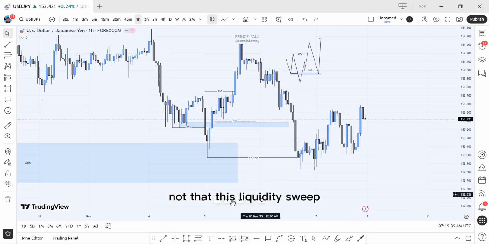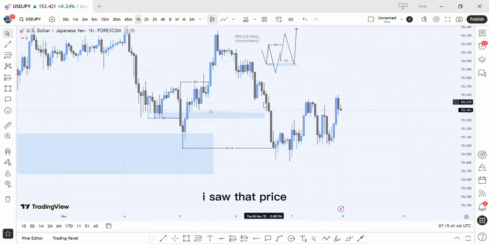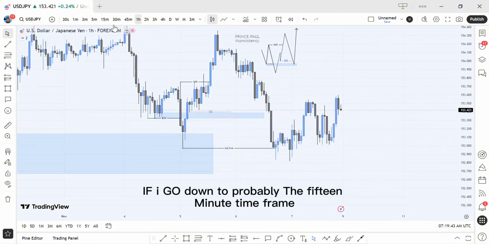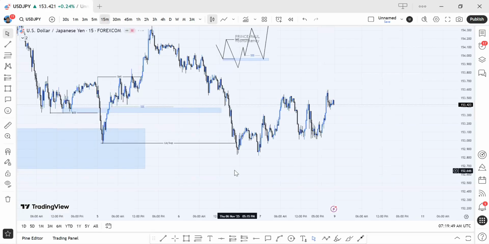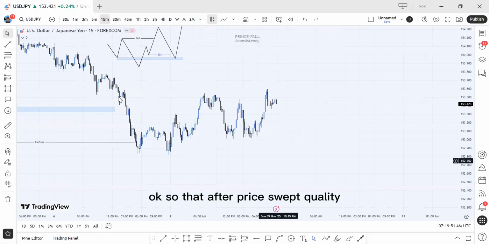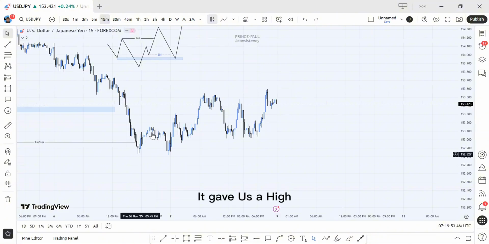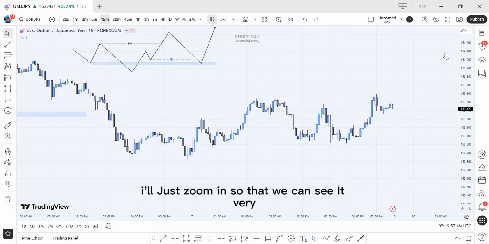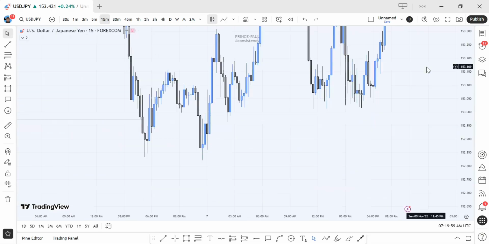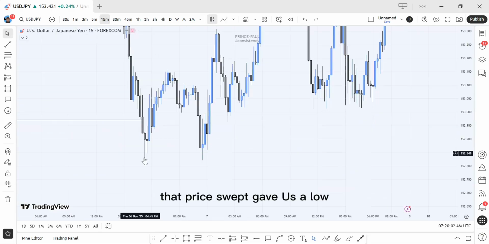That is the liquidity sweep. If I go down to probably the 15-minute time frame, you'll see that after price swept liquidity, it gave us a high over here. I'll just zoom this so that we can see it very properly. After price swept, it gave us a low.